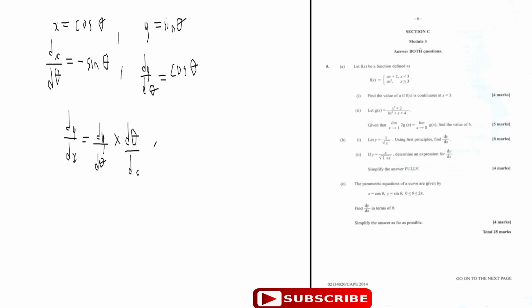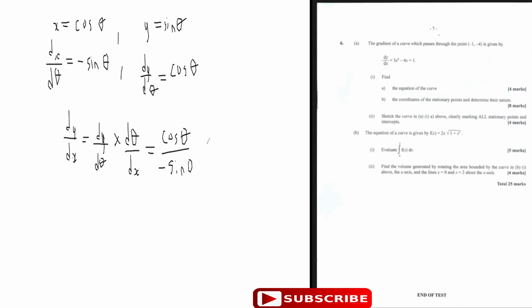And so it's going to work out to be dy by d theta is cos theta times d theta dx, which is really divided by the minus sine theta. But then cos over minus sine is minus cot. And so dy dx is minus cot theta. All right, nice and easy. That's what we have, minus cot theta.